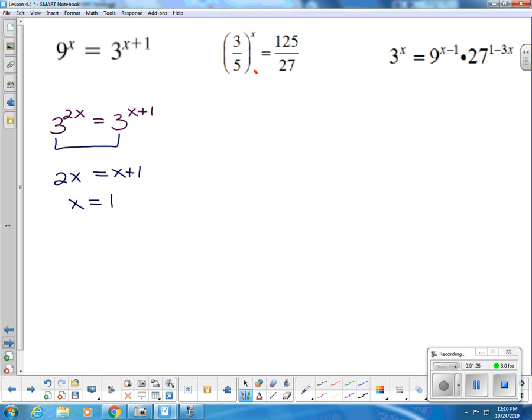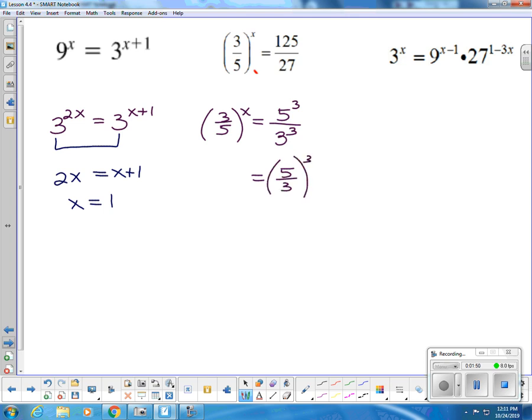This middle guy. How do I write 125 as base? It's going to be base 5, right? It's 5 to what power? Third. 27 is 3 to the power of 3. Since they're both powers of 3, I can write it like this.